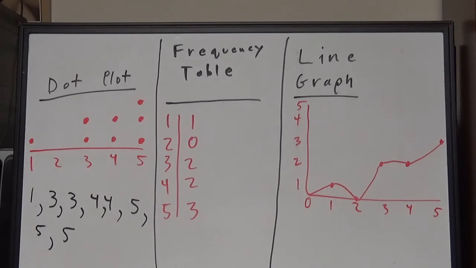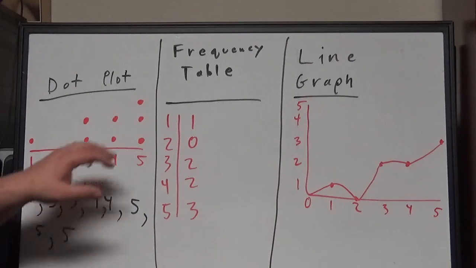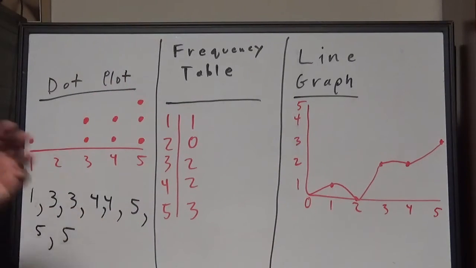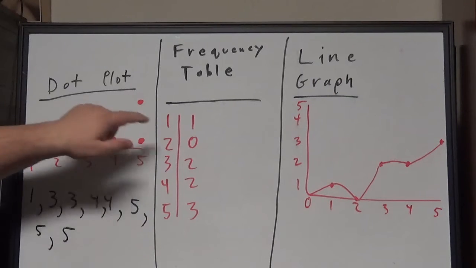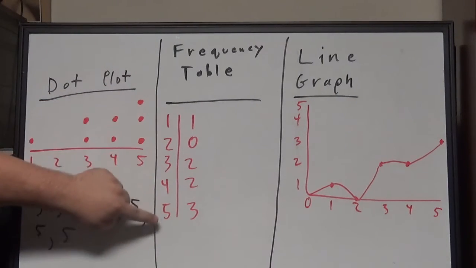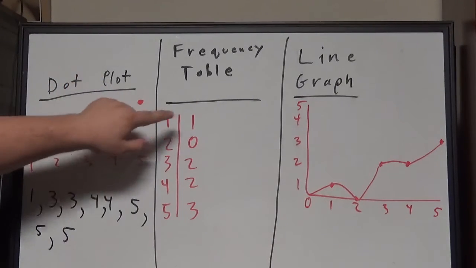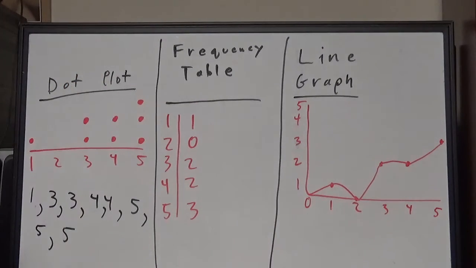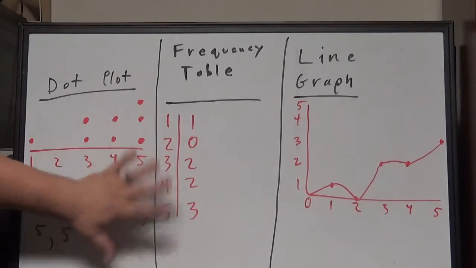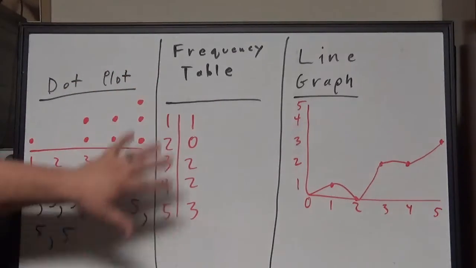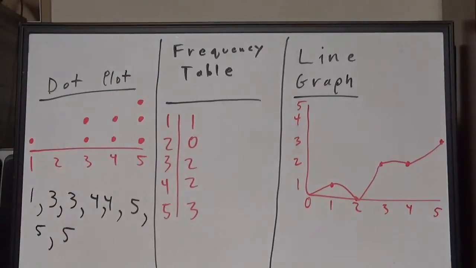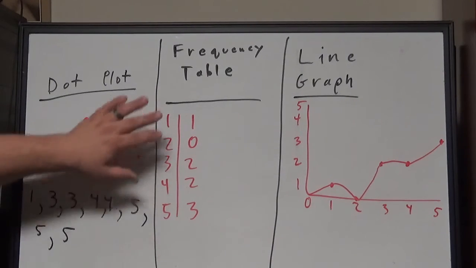Now, second, it's important just to know how to read it. So frequency table. Notice, hopefully, I picked the same numbers. Frequency table is just like a dot plot, but instead of having the visual of dots, we have a list of numbers. Sometimes students get confused in this because we have numbers on each side, and it can be a little like, wait, what number am I looking for again?